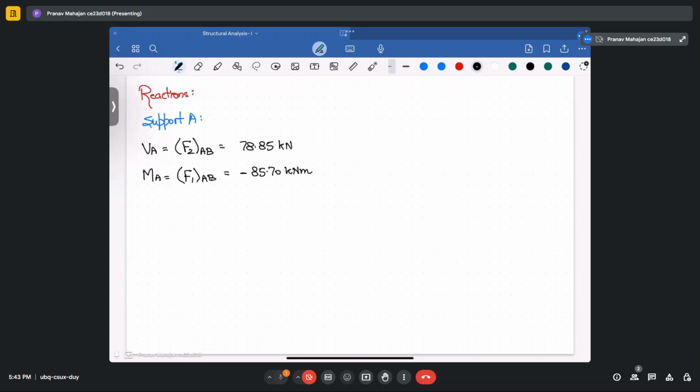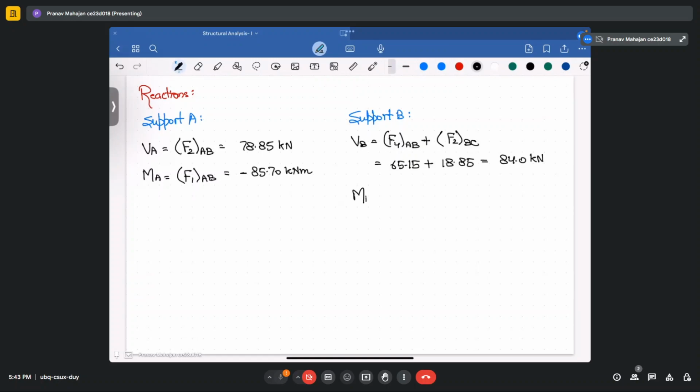For support B, VB will be sum of F4 of AB plus F2 of BC. So that will be equal to 65.15 plus 18.85, and it will be equal to 84.0 kilonewton.